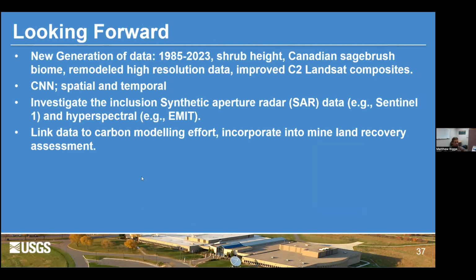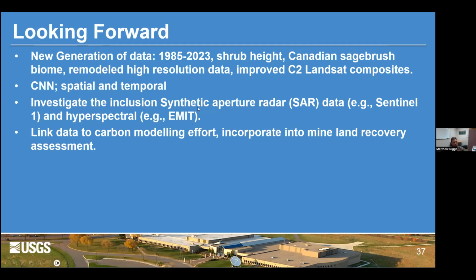Moving forward, we're going to investigate some other sources of data besides Landsat. So, for example, the synthetic aperture radar data from Sentinel, which is a European Space Agency satellite. And then we've done some work with hyperspectral data, for example, from this EMIT sensor, which is on the International Space Station.